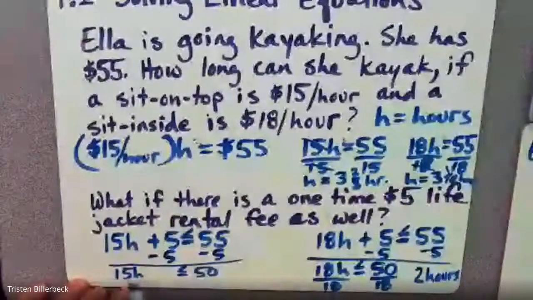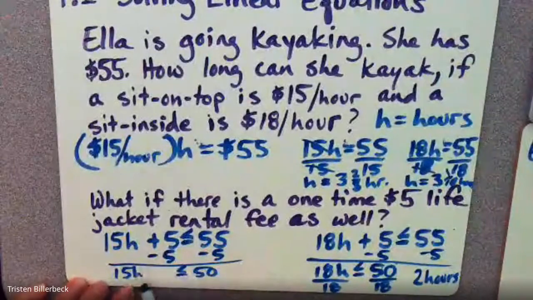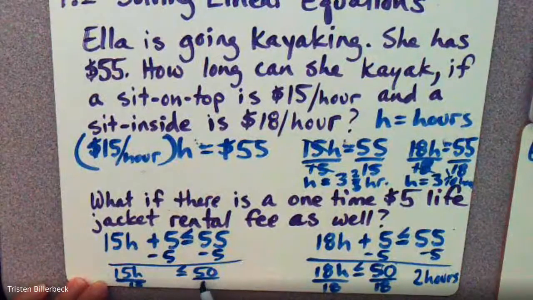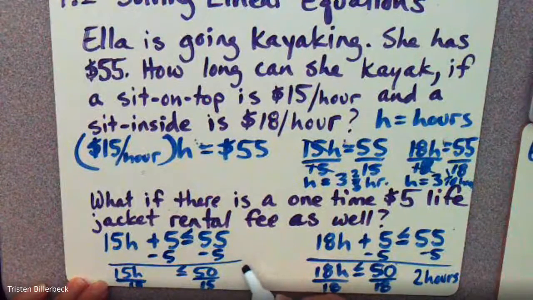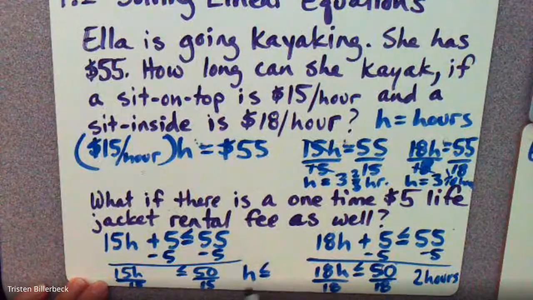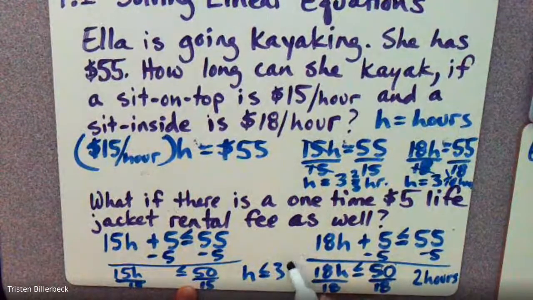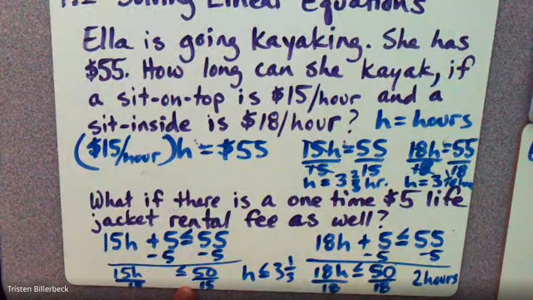Well, this one I can still rent for 3 hours, because when I divide by 15, H is going to be less than or equal to 3 and 1/3.